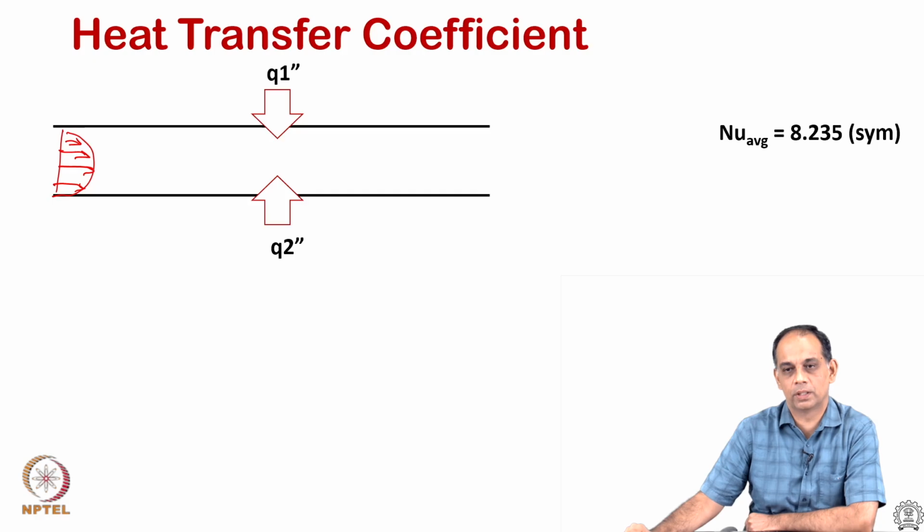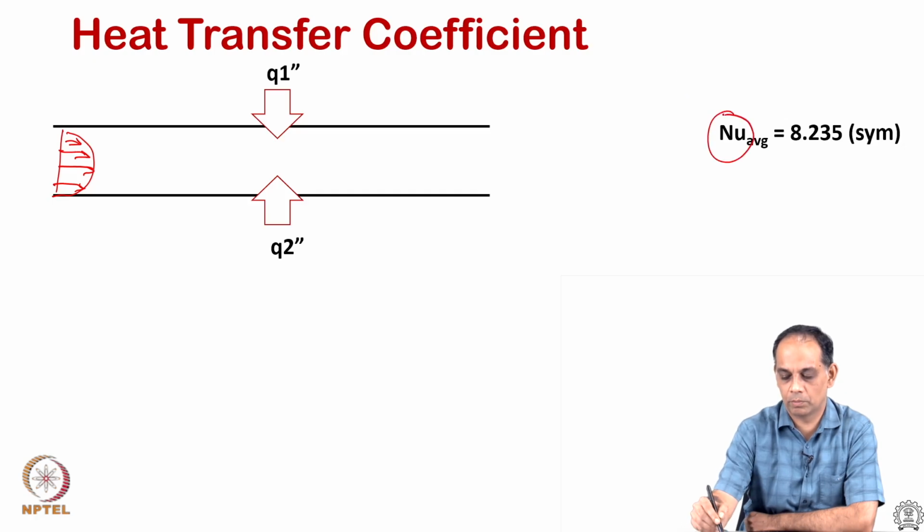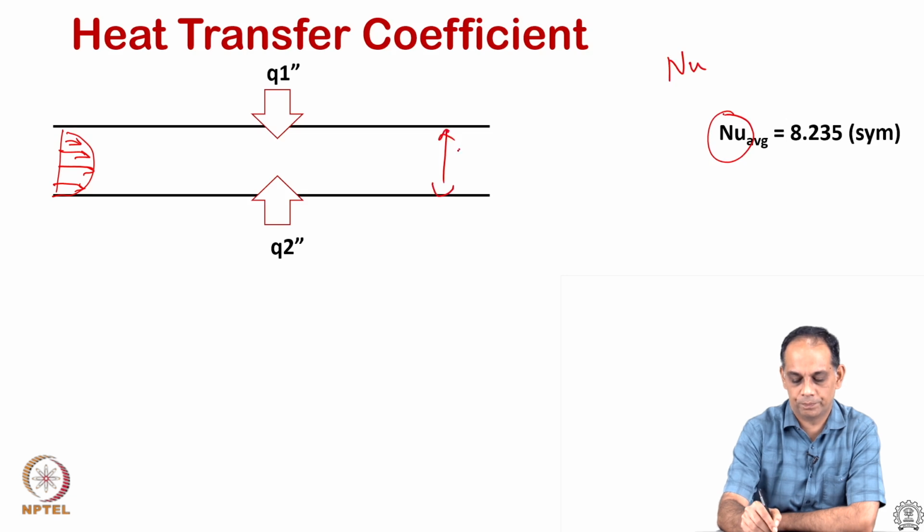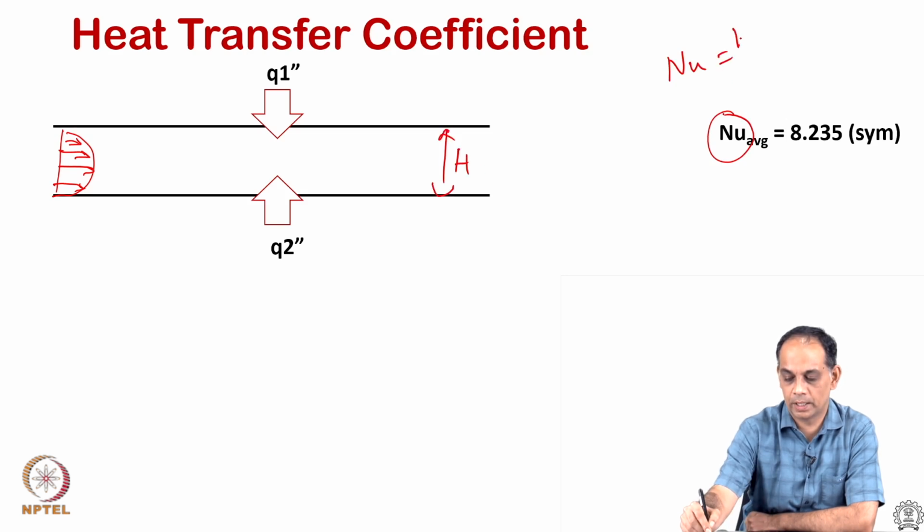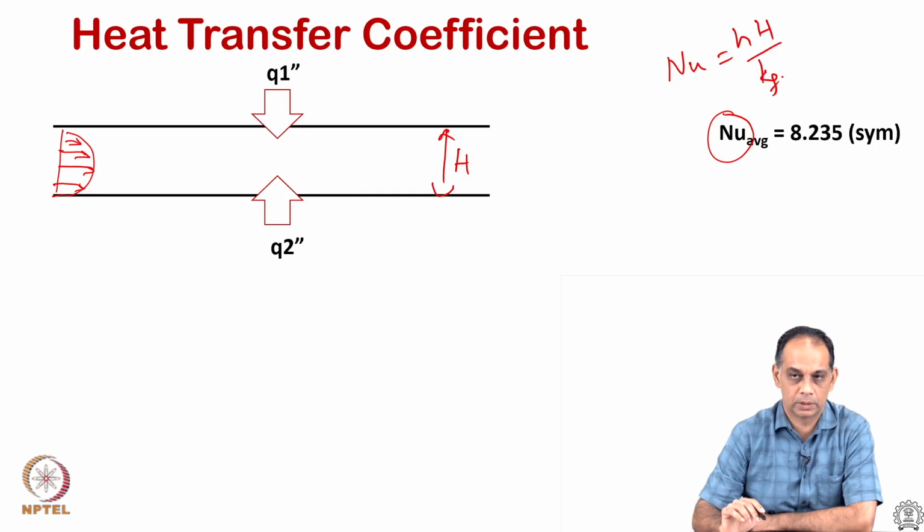The solution is that if the heat flux is equal on the top and bottom, you get an average Nusselt number of 8.235. This average Nusselt number is based on the hydraulic diameter or the height of this system, which is h times H divided by k of the fluid. This h is the average heat transfer coefficient.